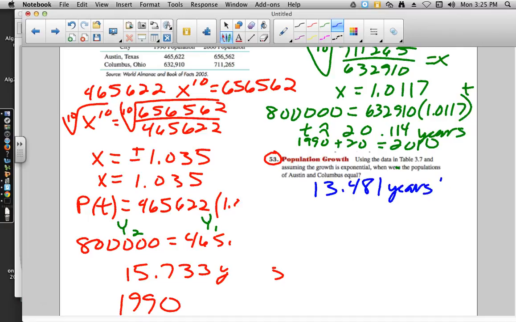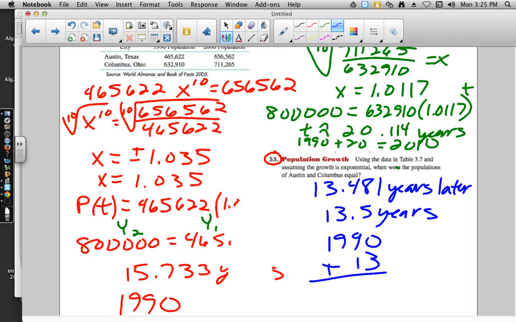Now, this is the reason that I'm keeping those decimals there. With the 13.481, we really should be thinking this is about 13.5 years later. So if we take 1990 and we add that 13 to this, we're going to get 2003.